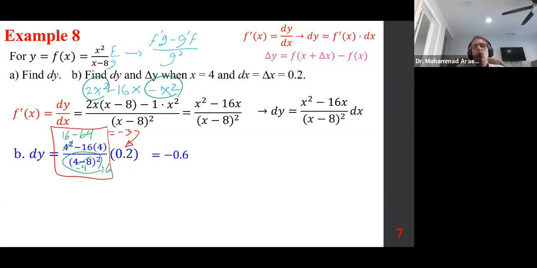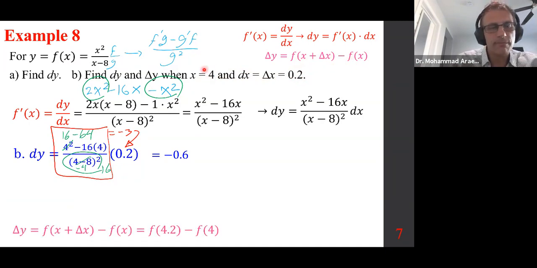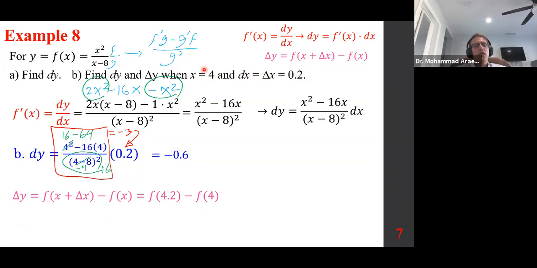What about delta y? By definition it is f of x plus delta x, so f of x plus delta x, that is f of 4.2, minus f of x, minus f of 4. That's it.